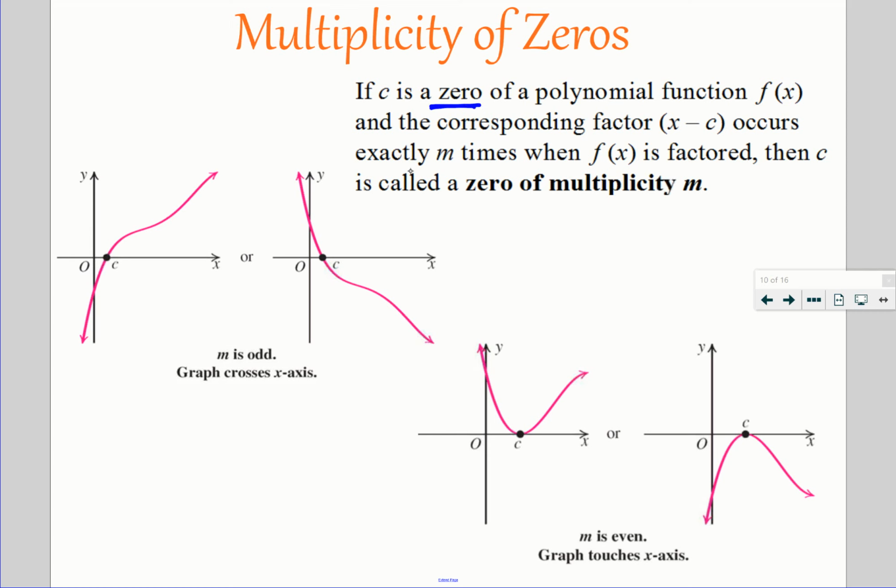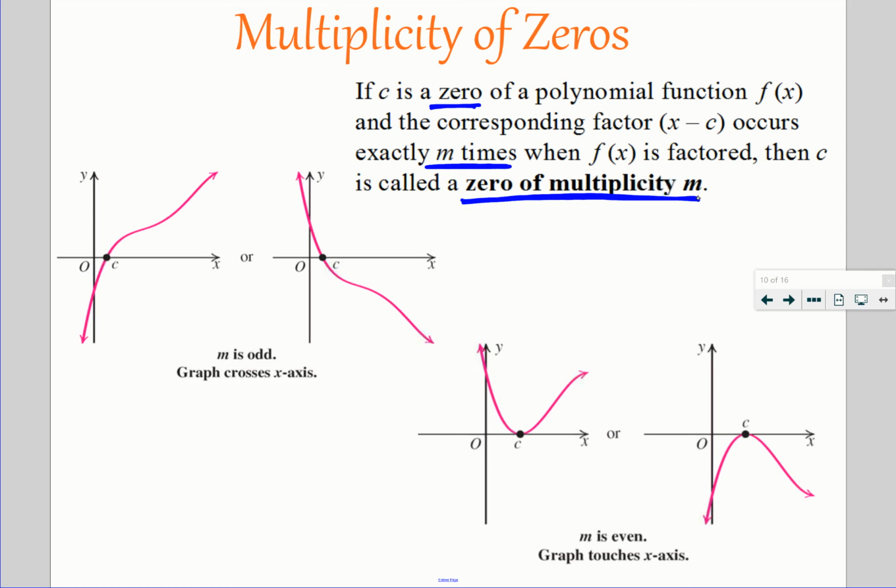A zero can occur a certain number of times in the polynomial as we're solving. That said, we say that that zero, whatever it is, has a multiplicity of m. Okay, so a zero at 3 might occur 5 times. So we say 3 has a multiplicity of 5. And we'll see that in equations later on.